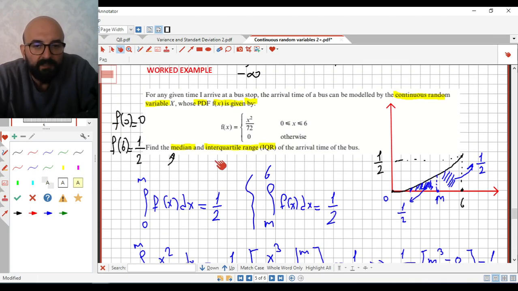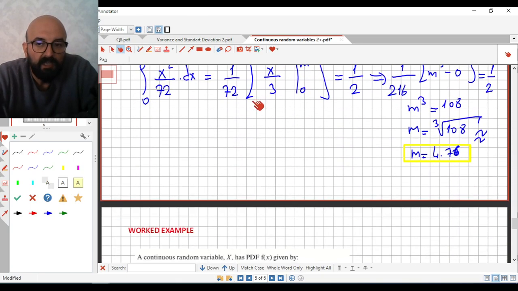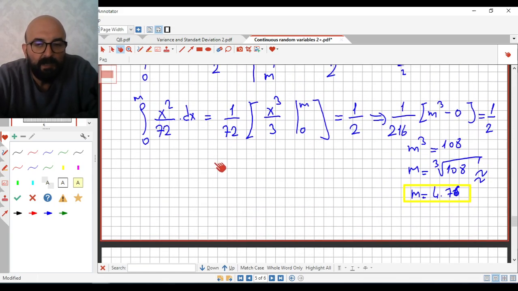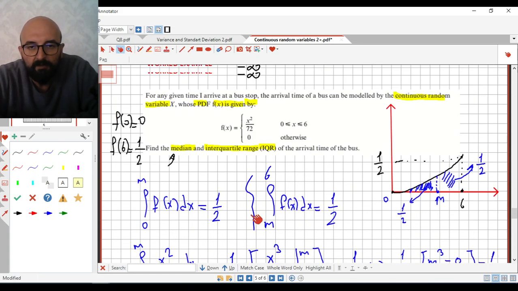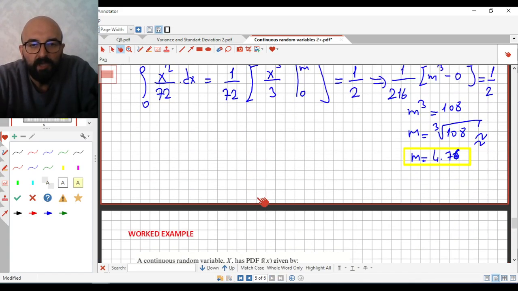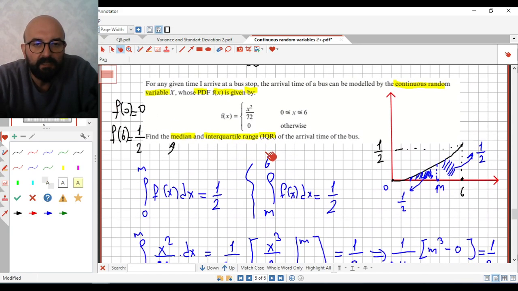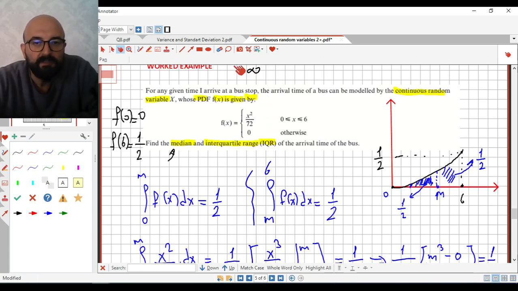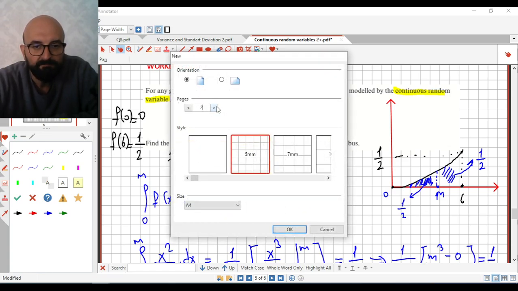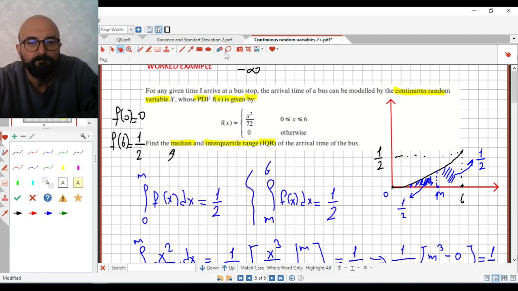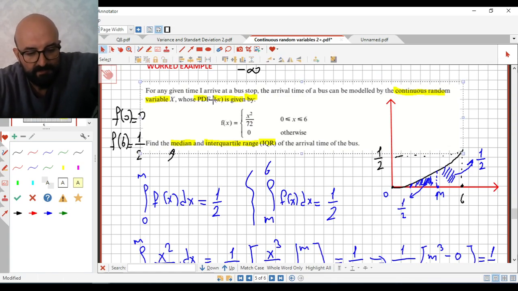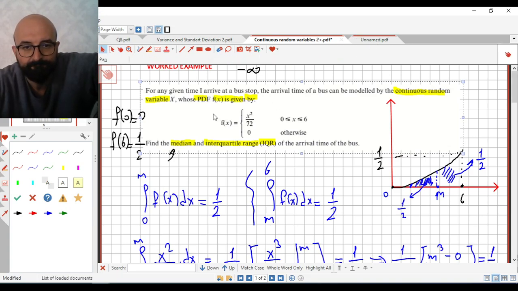Okay, and now the other section: we want to find the interquartile range. For the other answers I want to open a new page and copy and paste the question.